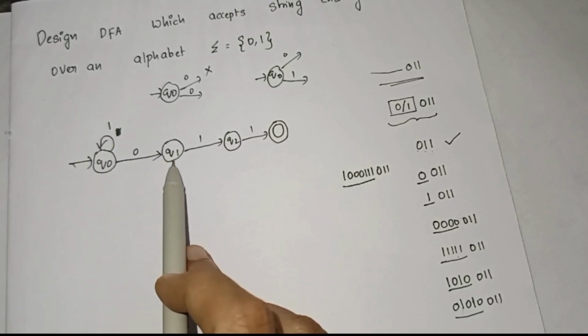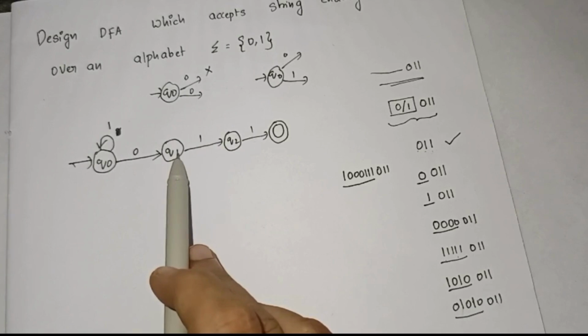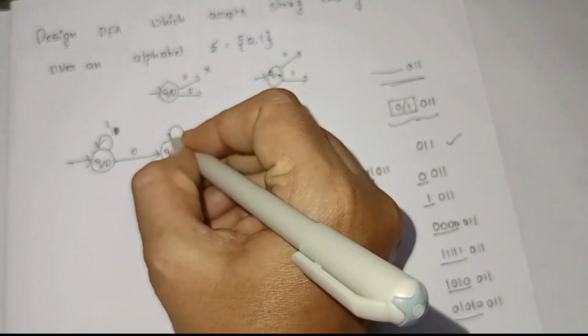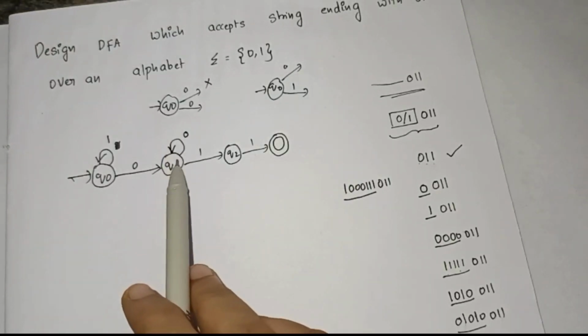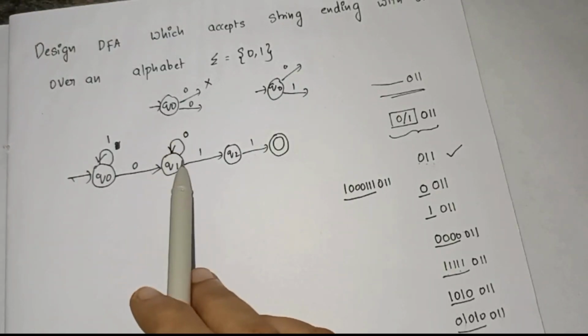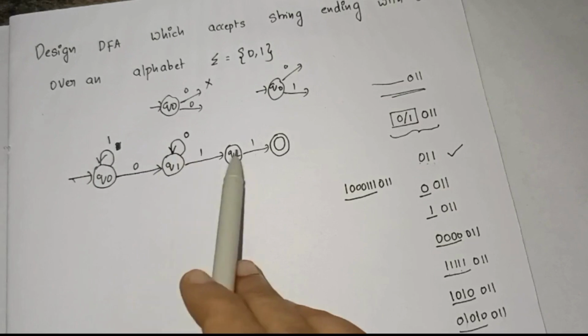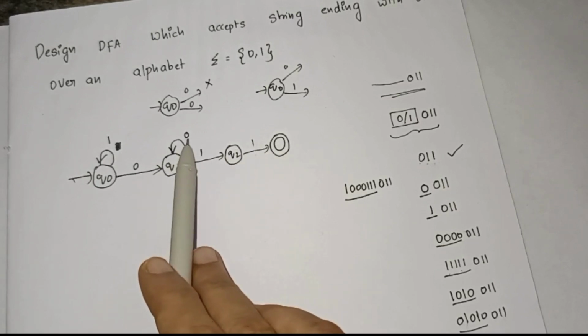Now if you go for Q1, Q1 is having a transition with 1. It doesn't have a transition with 0. Can I put a self loop to Q1 over 0? Is this possible? Yes, because I can have any number of zeros before 1, 1, right? So any number of zeros followed by 1, 1. This is acceptable because anyhow the string should end with 0, 1, 1.